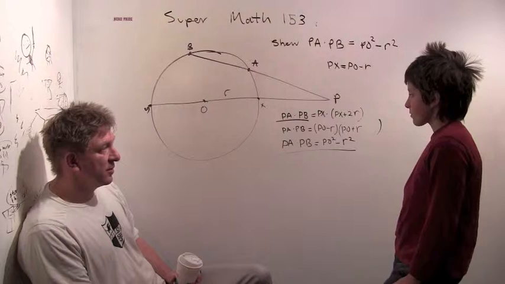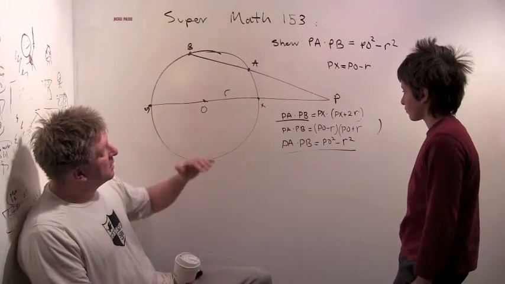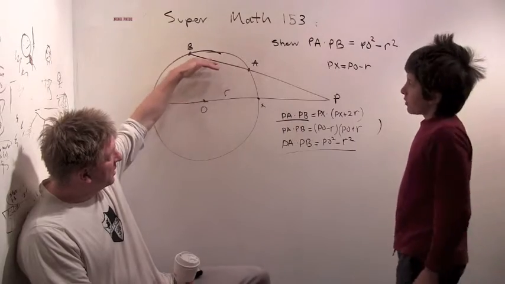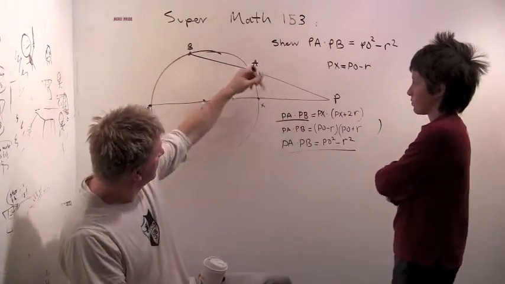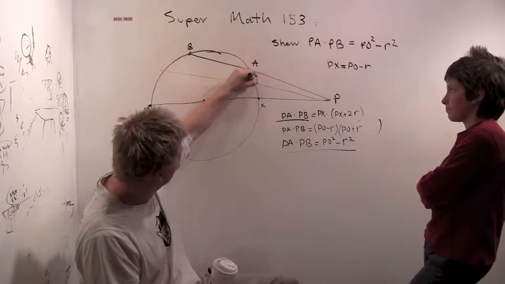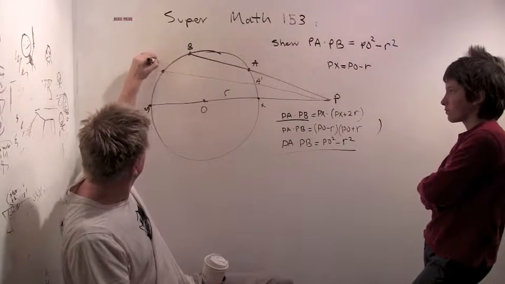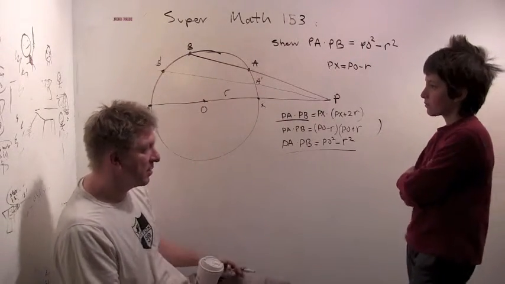So this is a very important idea. You have a product that's equal to a constant. No matter what line I draw here, if I draw it like this, and I call these A prime and B prime, PA times PB equals PA prime times PB prime.